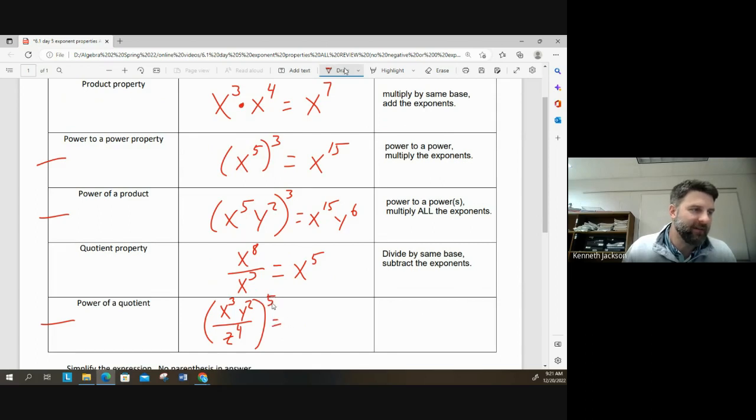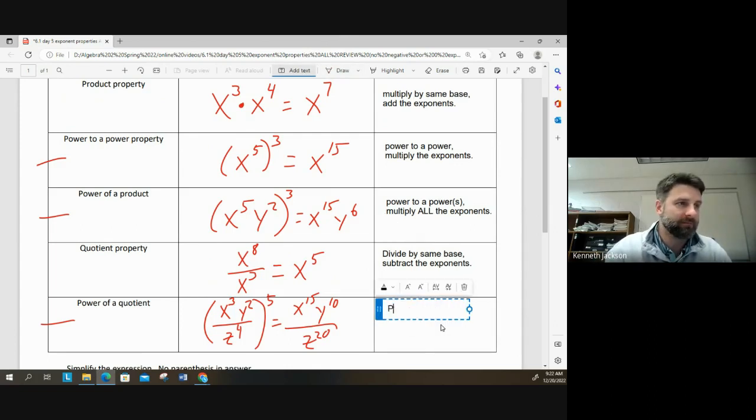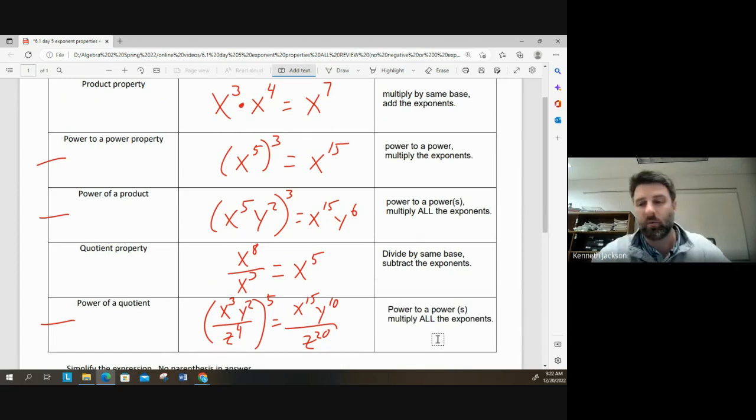I take this exponent on the outside and I multiply all of the exponents on the inside. X to the 15th, y to the 10th, divided by z to the 20th. I multiply all of the powers. So if you have a power raised to a powers, again, plural, it doesn't matter if it's 1 or more, we can multiply all the exponents. So those are a quick recap of the previous 4 videos.